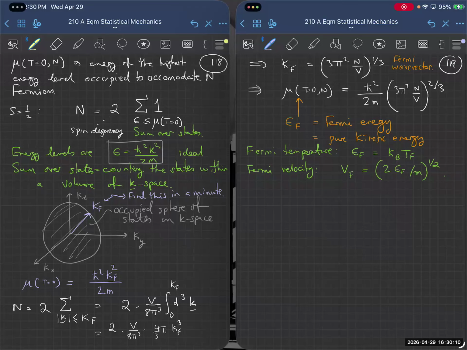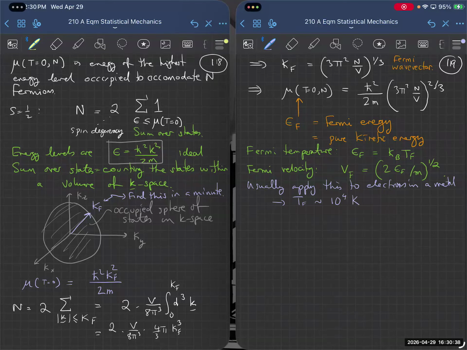So that's all things Fermi. And where do we apply this? We usually apply this to electrons in a metal. And in that particular case, the Fermi temperature is typically about 10 to the 4 Kelvin.